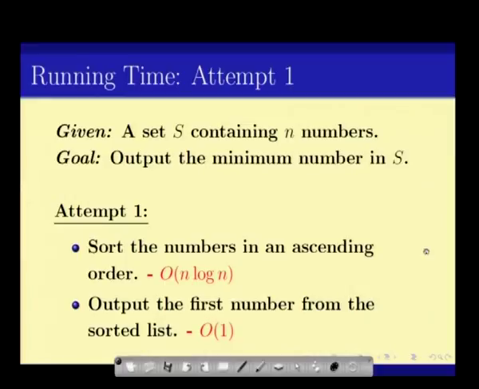One can clearly see that this can be done in order n log n steps, because we need order n log n steps for sorting, and outputting the first number will take just one step, so order 1. So the total runtime for this approach will be order n log n.